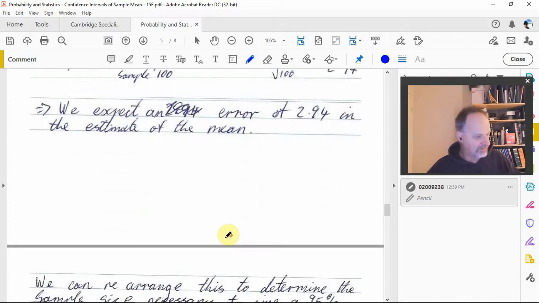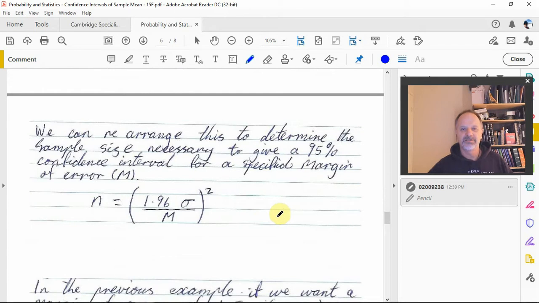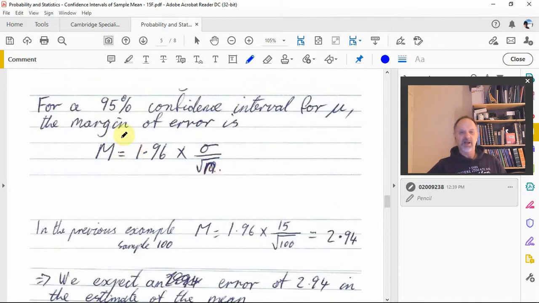Now what do we got? We can rearrange this formula to determine the sample size necessary to give a 95% confidence interval for a given margin of error. So if we want a particular margin of error, this one is 2.94, but say we wanted the margin of error to be 1.5.